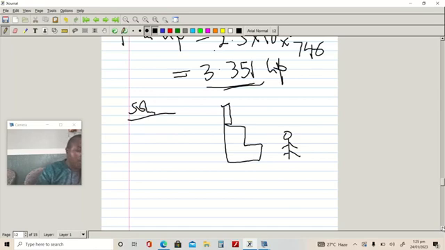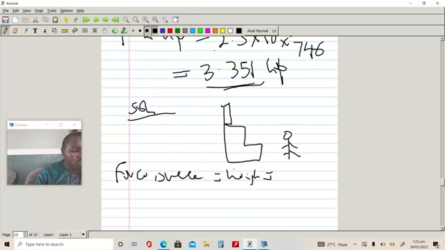Now, the force he used to overcome these steps is equal to his weight, which is 40 times 10. That's the force he used to make the climbing.